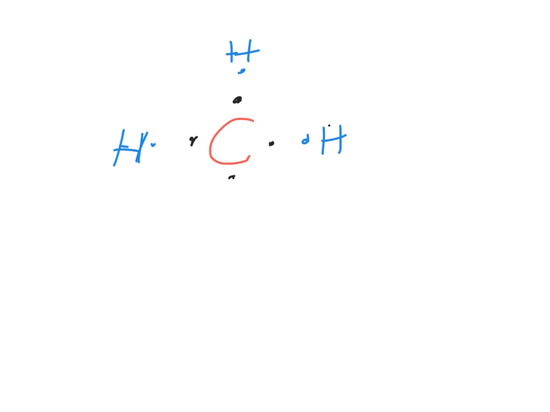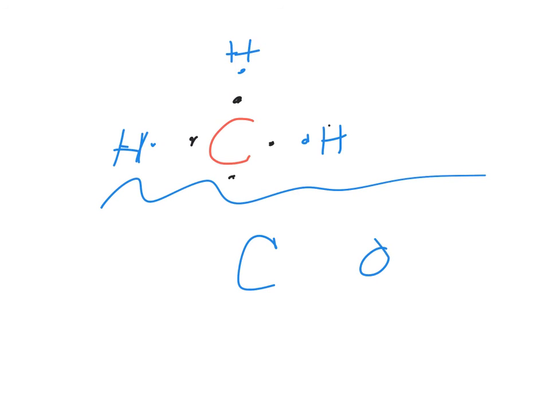You see how it's going from the carbon again to the oxygen? And so that carbon to the oxygen, instead of having only 1 bond, is going to have 2 bonds. You see how you have this double bond here? Because you have 2 spots.